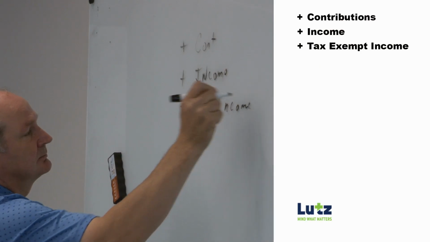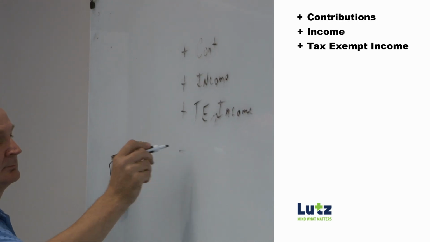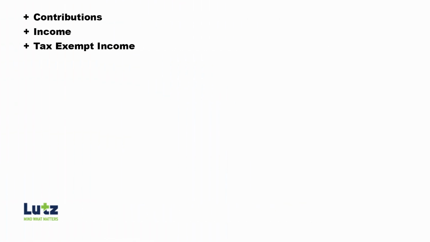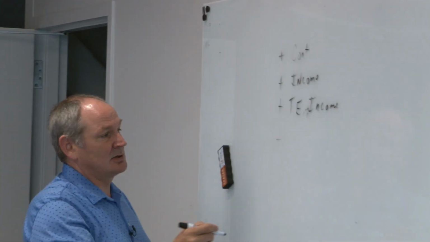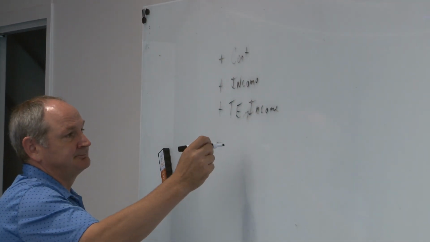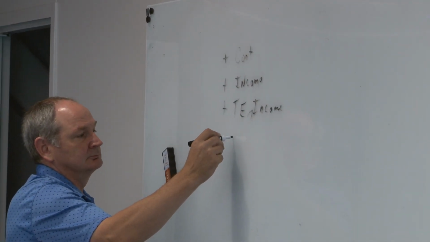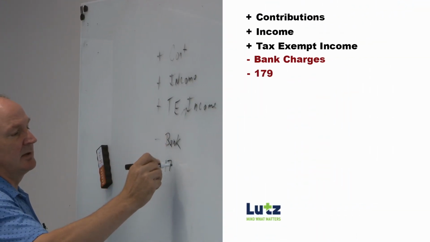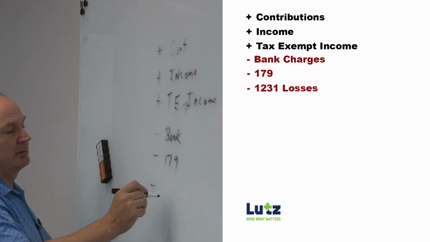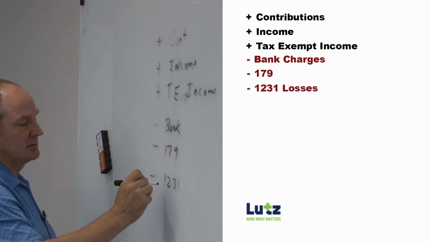What else? Then you take out your deductions. What are my deductions? Like your box 13. I used to know every one in my head. So like bank charges. Do you really want me to go through all the examples? What about 179? What about 1231 losses?